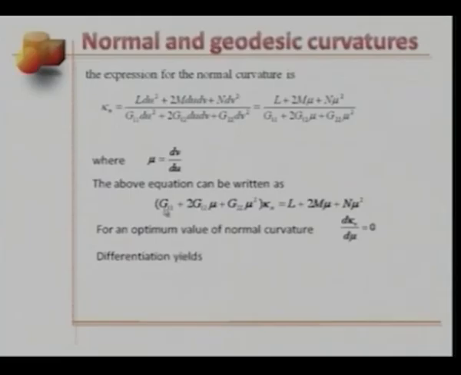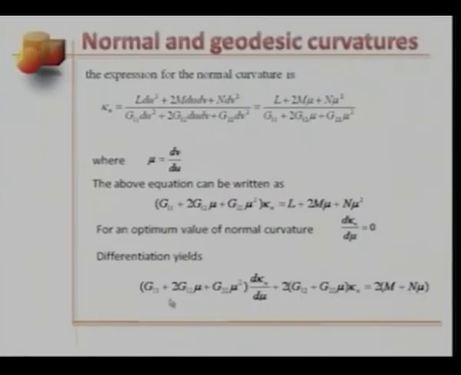So if we differentiate this expression with respect to mu, we have g11 plus 2g12 mu plus g22 mu squared times d kappa sub n over d mu plus 2 times g12 plus g22 times mu times kappa n, and that is equal to 2 times m plus n times mu.